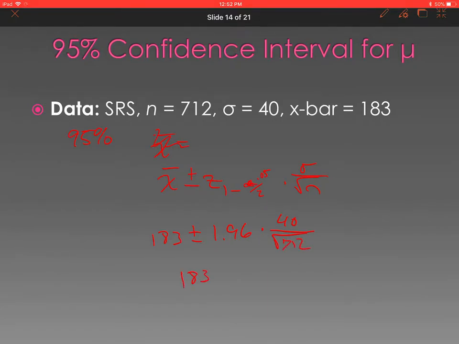You're going to be left with 183 plus or minus 2.9. So it's going to be 180.1 to 185.9. And this is saying you are 95% confident that the true value of mu is between these values.